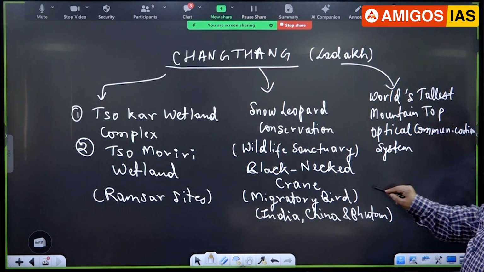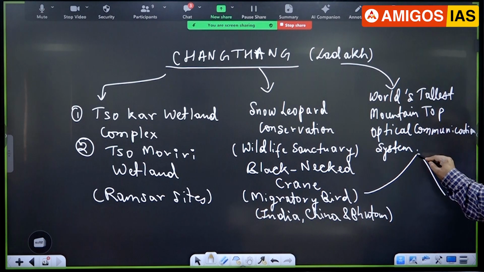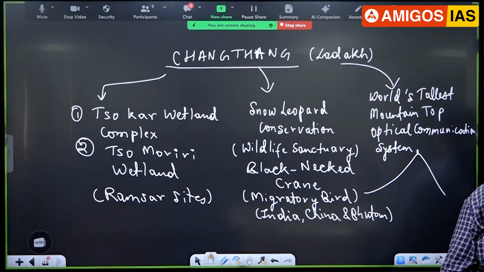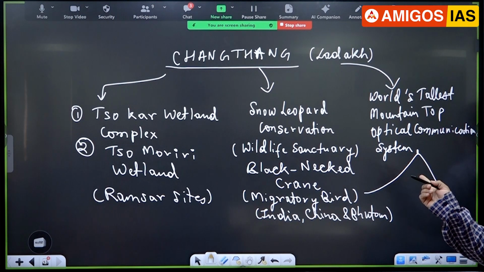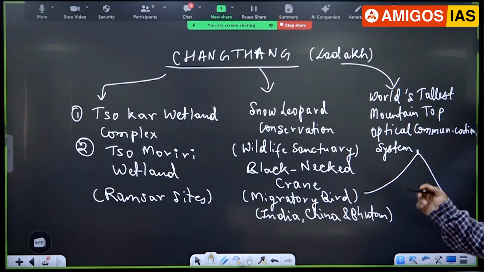World's tallest, on the mountain top. This system has been developed. See, Ladakh is a cold desert. What we call a cold desert, right? And a cold desert area is like a landscape with mountains, hills, valleys. So there it has been done. And you know the person?